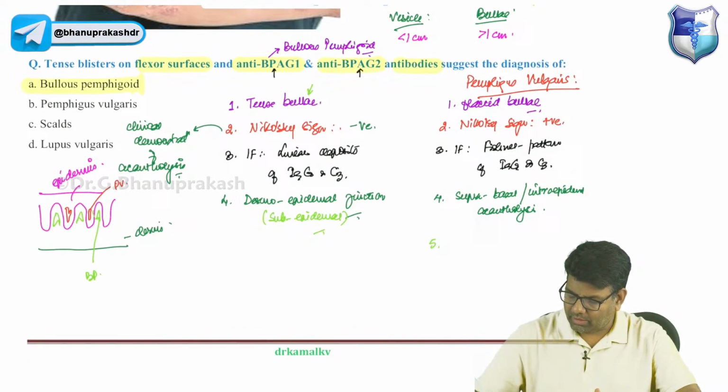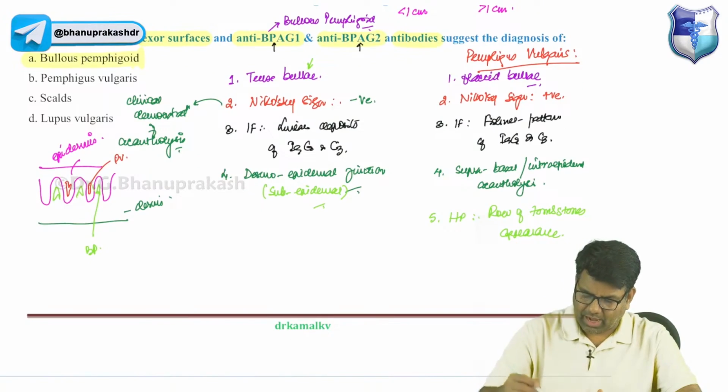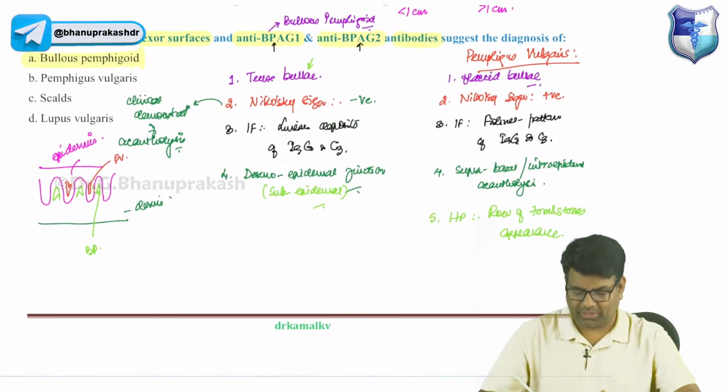Number 1, another thing, on histopathology, you will see a row of tombstones appearance. And actually what happens, we are saying that there is suprabasal split.